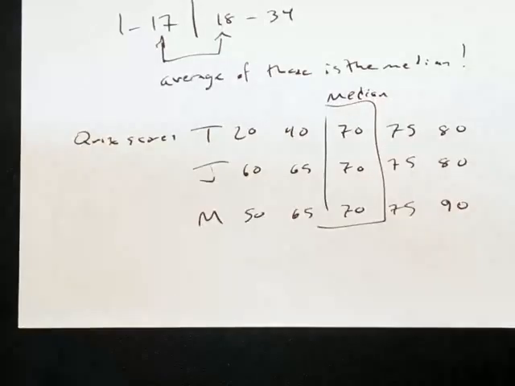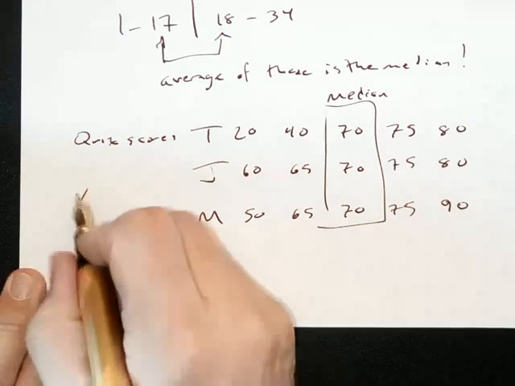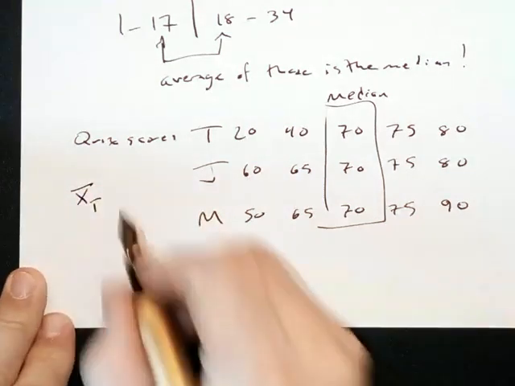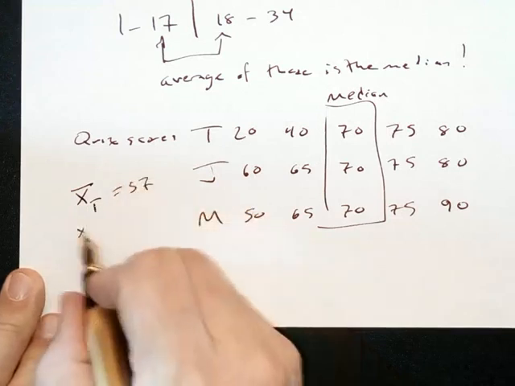So what do I have for my averages? What did you get? 57? Okay, I heard a couple of 70s. 70. That means I made a typo on my sheet. Okay. The average for Tom was 57.